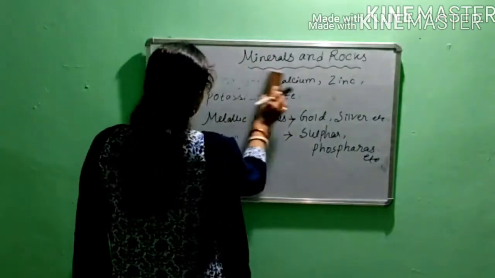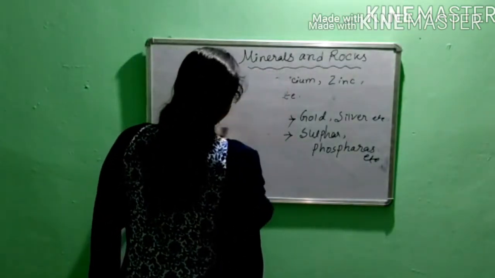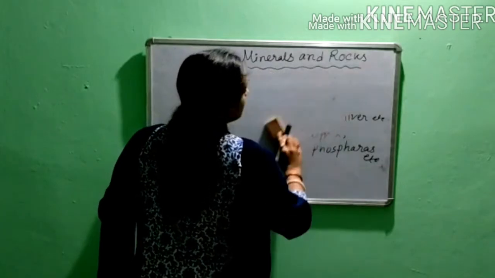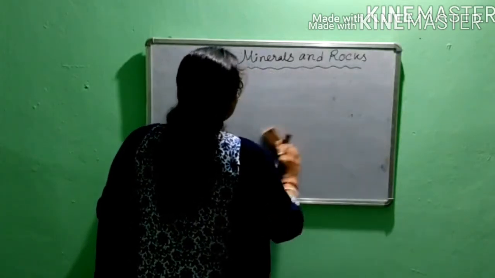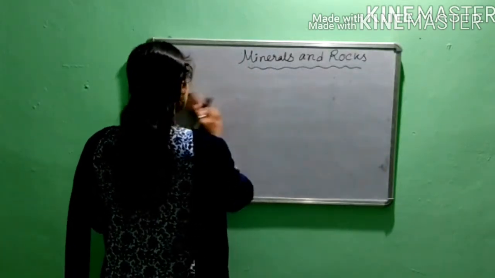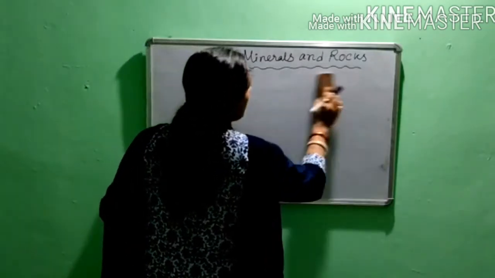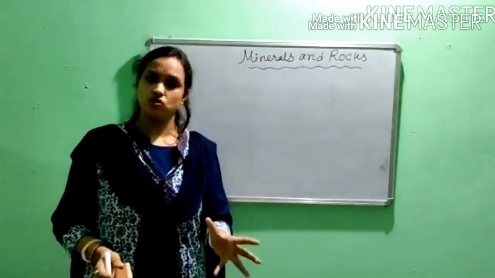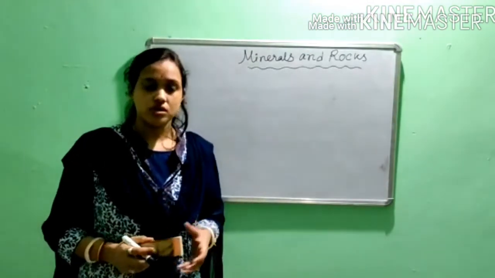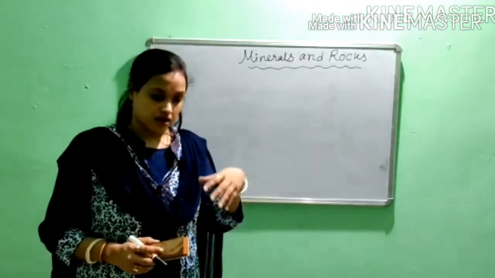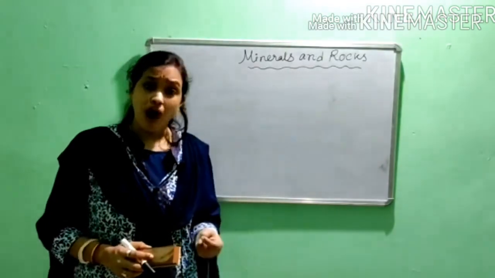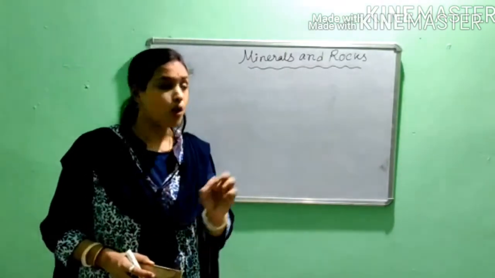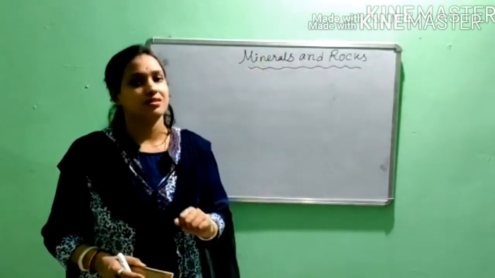Next we talk about rocks. Our earth crust is made up of different types of rocks. Now what are rocks? Rocks are an aggregation of one or more minerals of the earth crust.